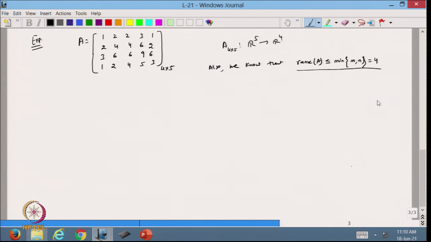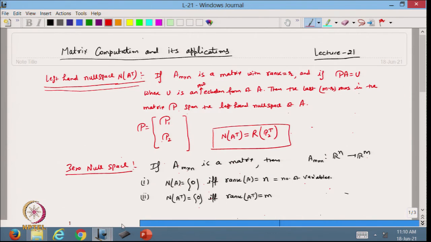Now, this is my matrix. Using this matrix I want to find all the 4 subspaces. I want to check whether this theorem or this observation is satisfied there, and also I am going to use this one.